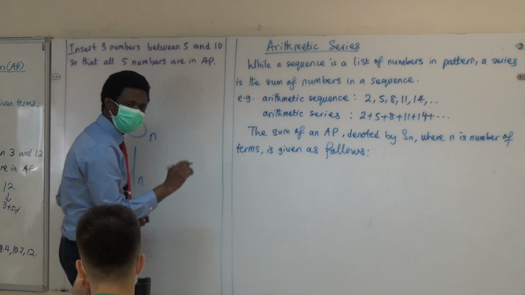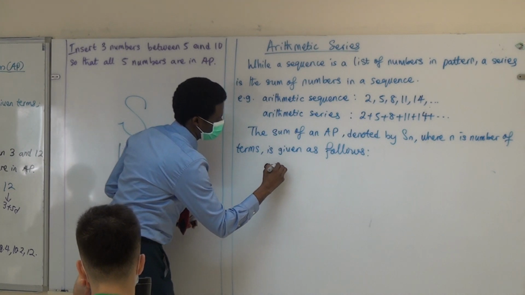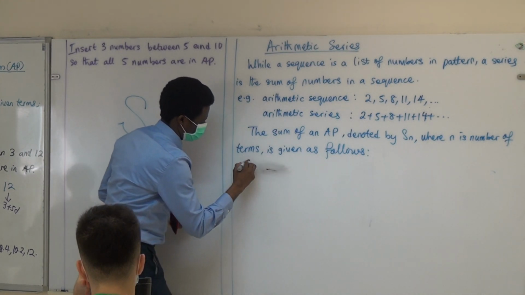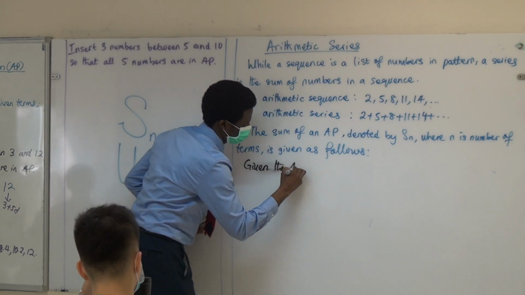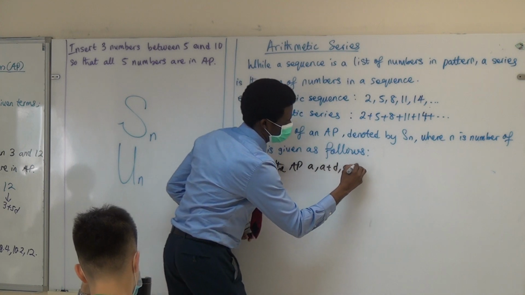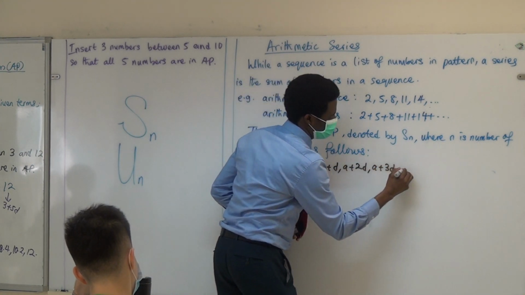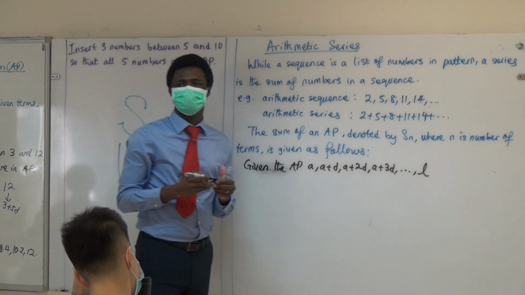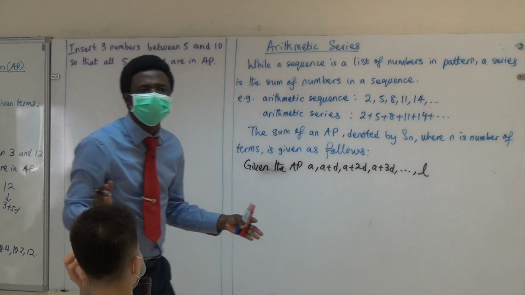So the terms of the AP are A, A plus D, A plus 2D, A plus 3D, up to the last term. Remember, we're talking about the entire AP.